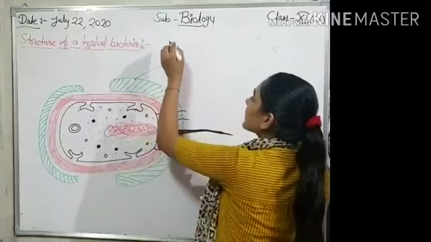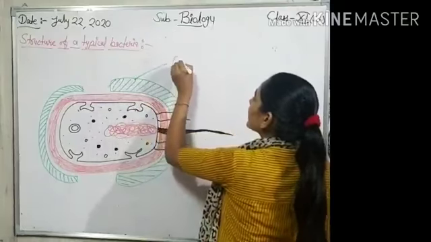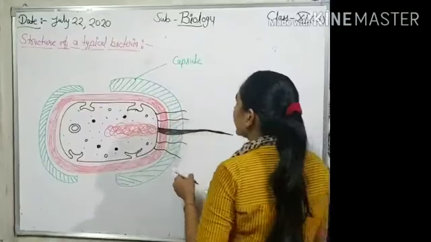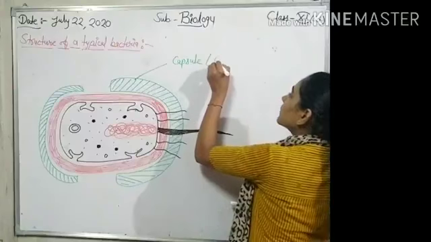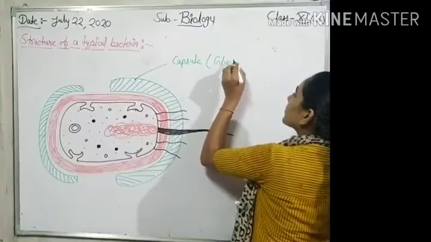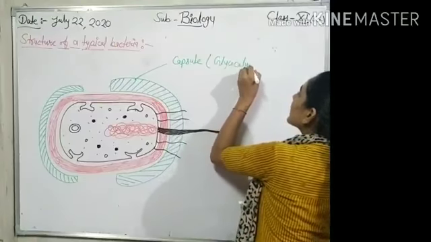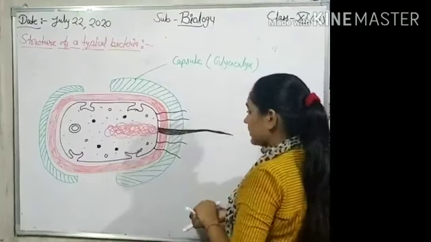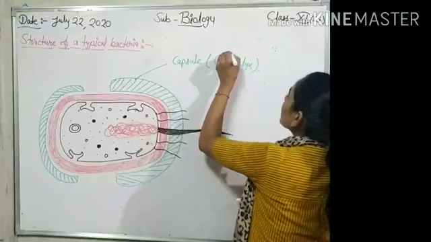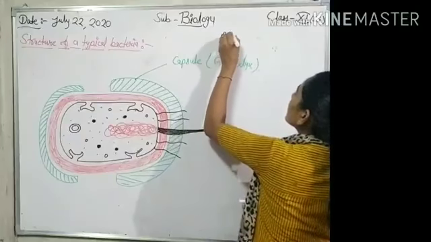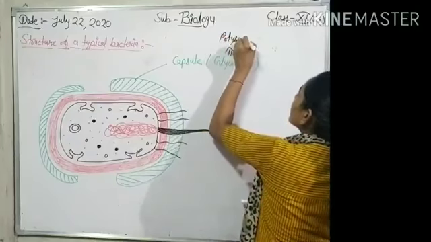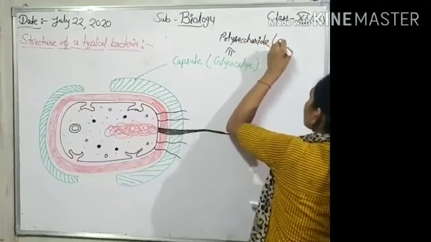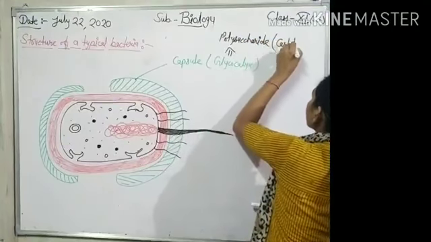This outermost covering is known as the capsule. It is made up of glycocalyx. Glycocalyx means polysaccharide. Polysaccharides are carbohydrates.